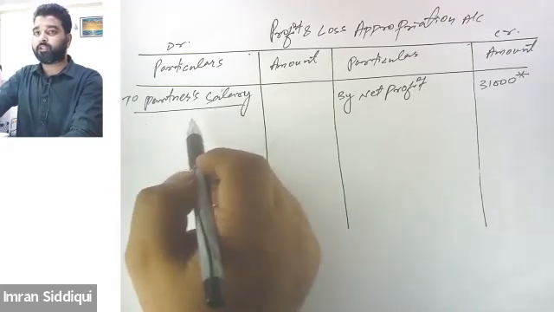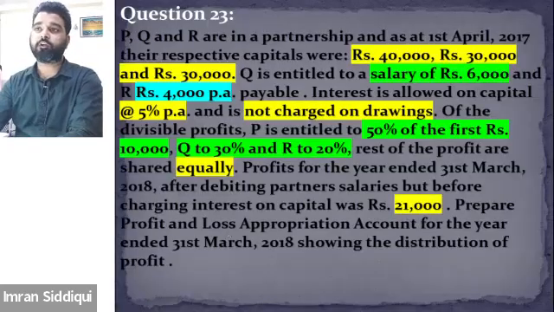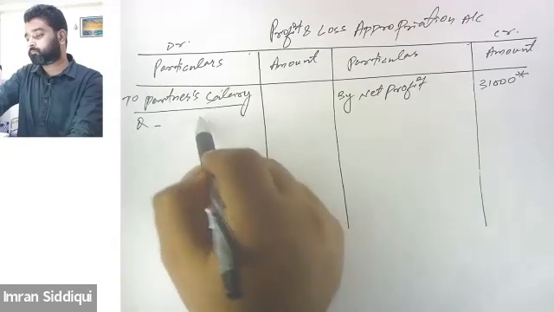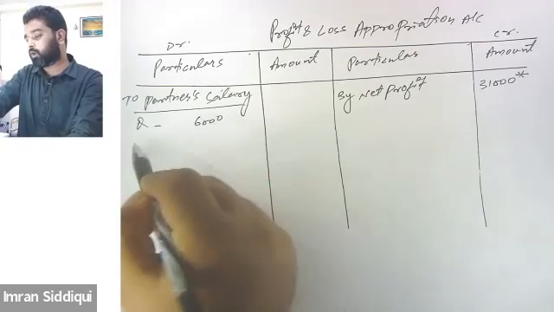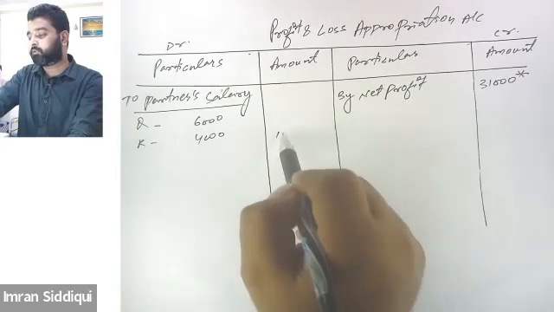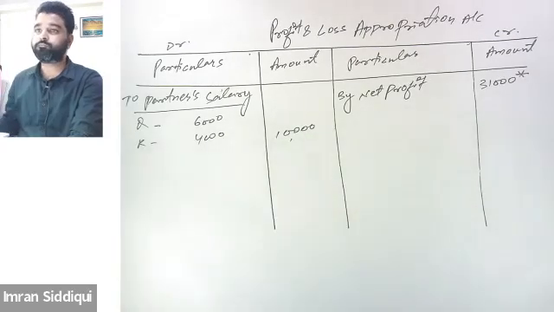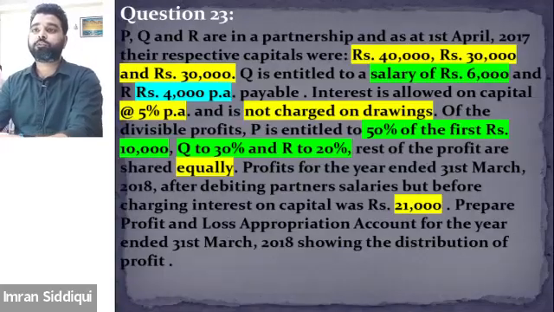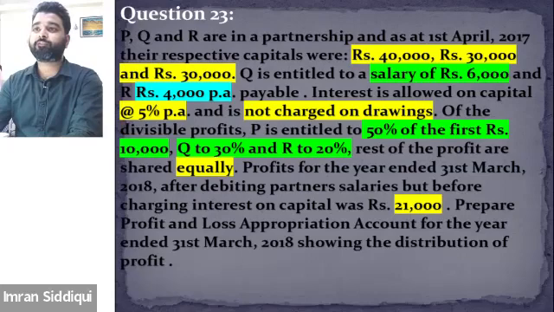So to partner salary will be how much? For Q it is 6,000, for R it is 4,000. So Q's capital account 6,000, R's capital account 4,000. Total salary payable will be 10,000.